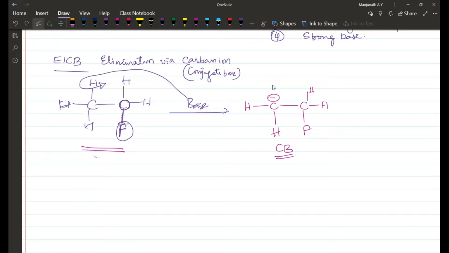So this carbanion sooner or later will form a double bond here, and this fluorine will be pushed out. This takes place through formation of this species, and this species is considered an intermediate, stabilized due to induction, before formation of the alkene molecule.